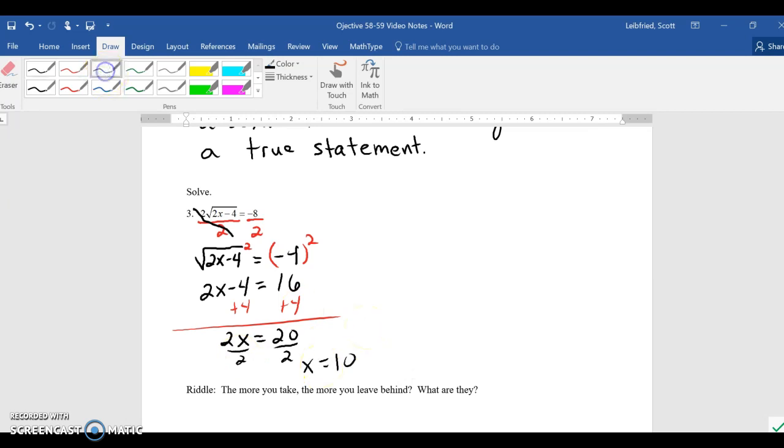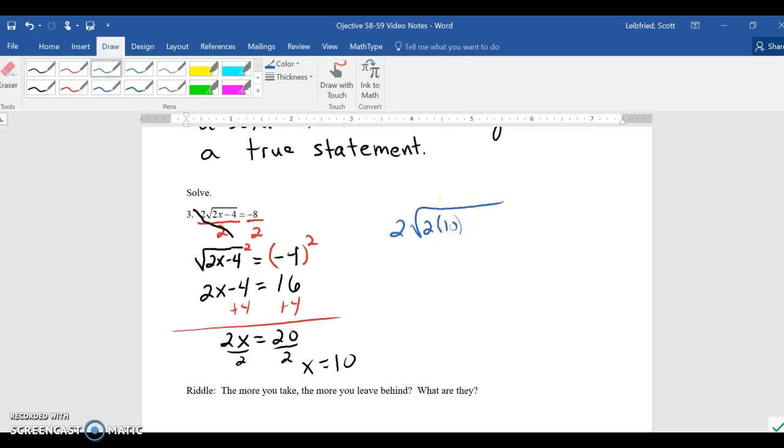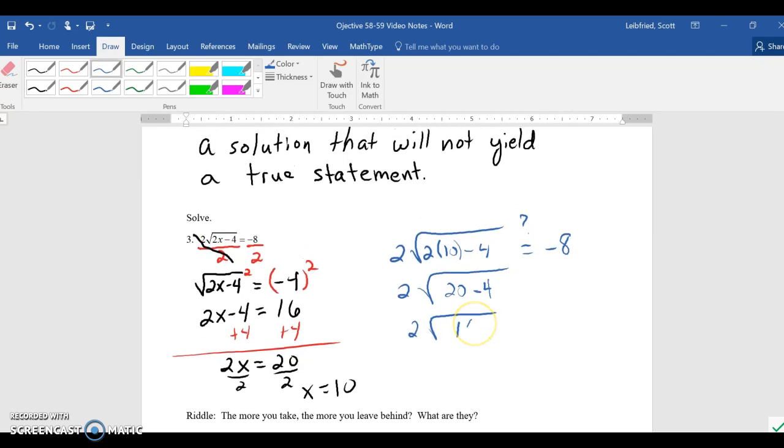So let's check this problem. We had 2 square root of 2, substitute in 10 for x, minus 4. And we're checking to see if it equals negative 8. So we get 2 square root of 20 minus 4. That's 2 square root 16. The square root of 16 is 4.